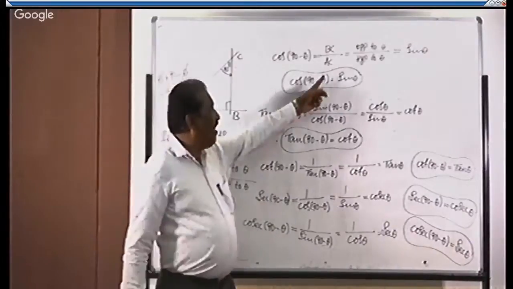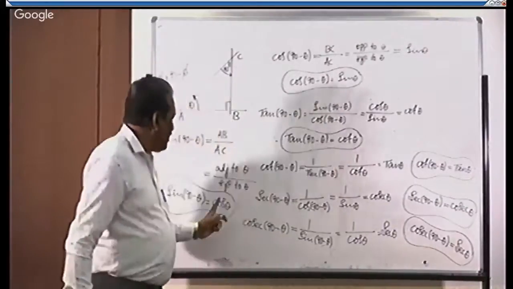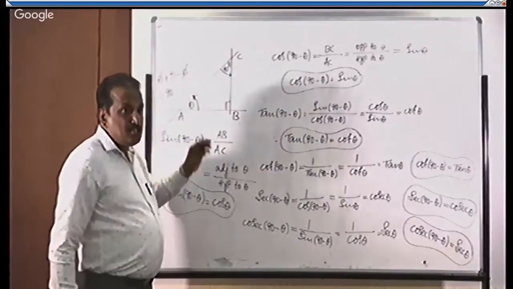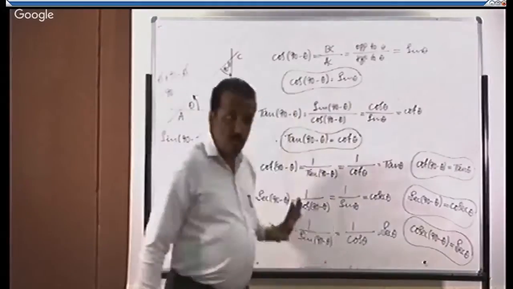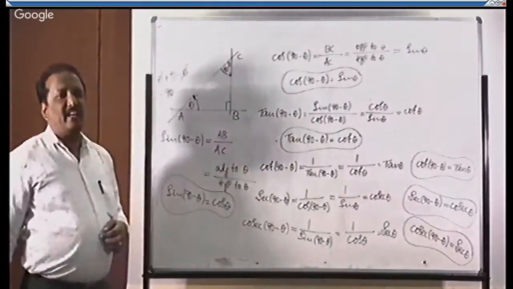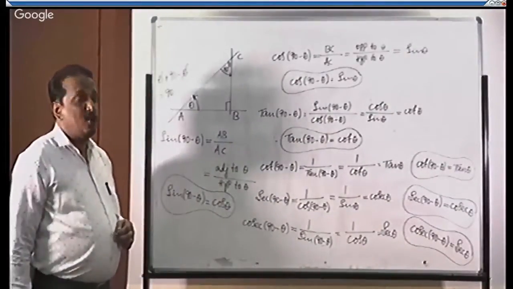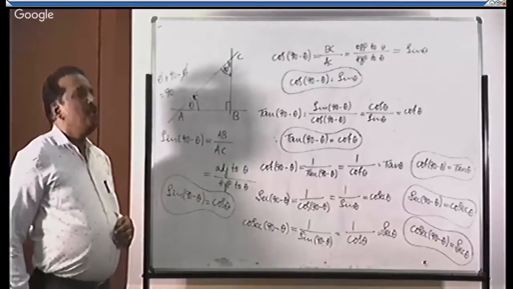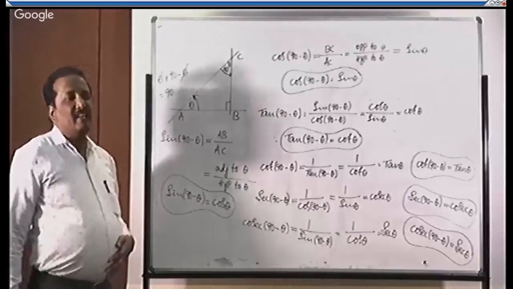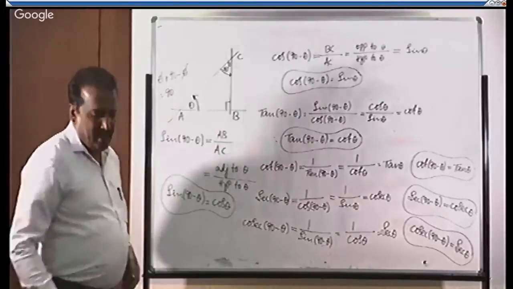Observe here, all the six results, whatever may be on the right hand side, are assigned a positive sign. So once again, it is a confirmatory test for the ASTC rule. All the trigonometric functions on the right hand side are positive, because 90 minus theta comes under the first quadrant.